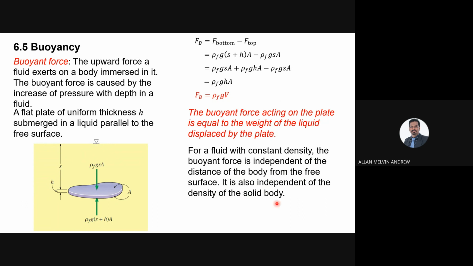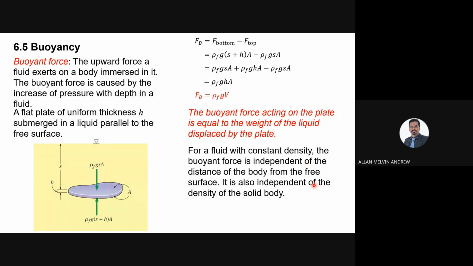So if the fluid is of constant density, the buoyant force is independent of the distance of the body from the free surface. This is if the fluid has a constant density.